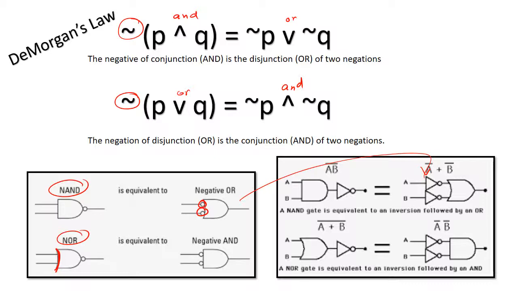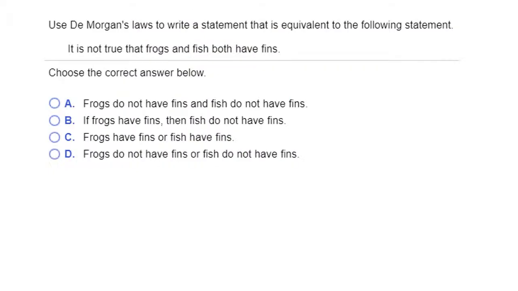So basically, DeMorgan's law not only works in Boolean algebra in the subfield of logic mathematics, but it's also used for a practical application in anybody who deals with electronics. Now, for our purposes, we want to use DeMorgan's laws to write some statements that are equivalent to each other. So let's go ahead and take a look.